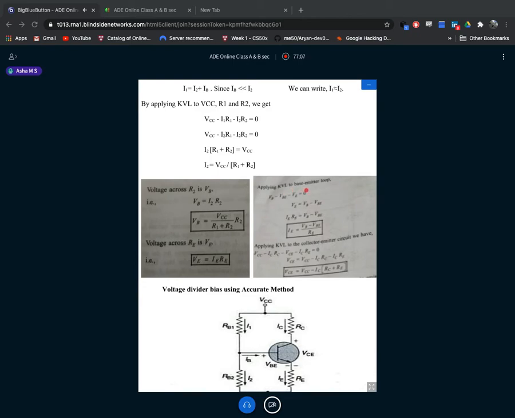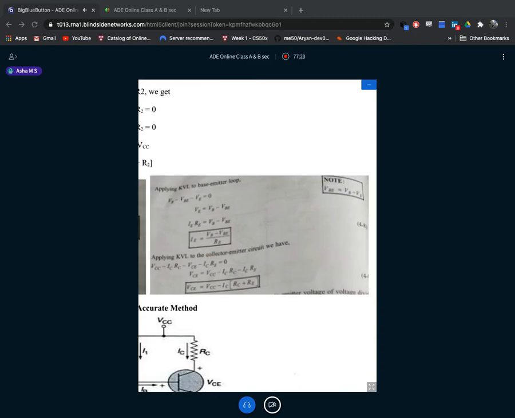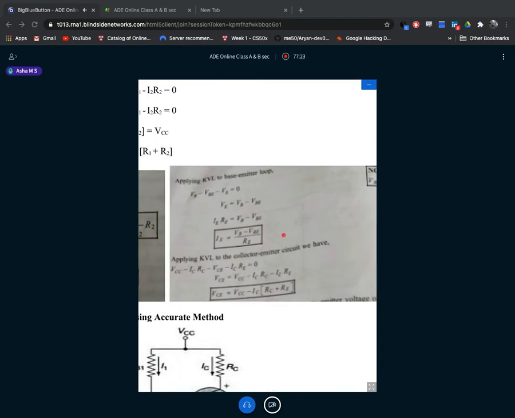VE is equal to VB minus VBE, and we know that VE is nothing but IE RE. So substituting, IE RE is equal to VB minus VBE. Therefore IE is equal to VB minus VBE divided by RE.